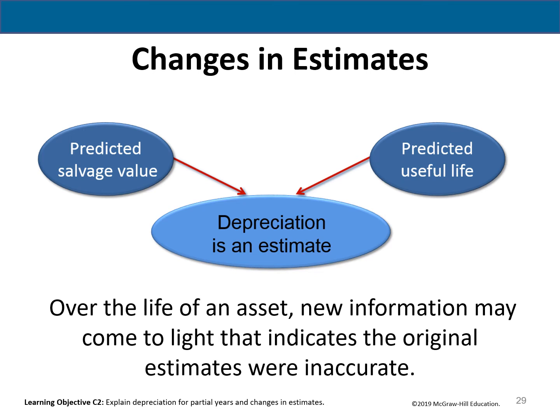New information may come to light that indicate you were wrong with your original estimates. So the question is, can you change them? Yes. You could change useful life and you could change salvage value. They're estimates. But you can't just change from straight line to double declining balance. That's an accounting principle.